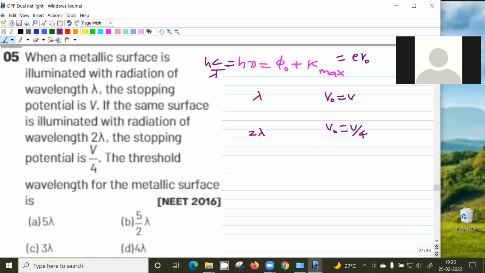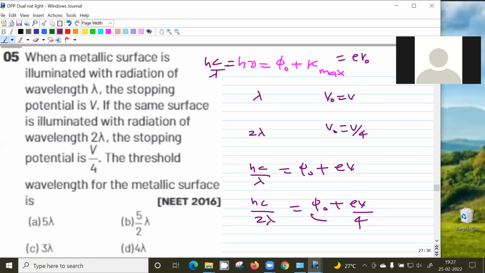Okay, so I have two data, so I'll have two equations. So I have to find threshold wavelength, right? Threshold wavelength is what I have to find.